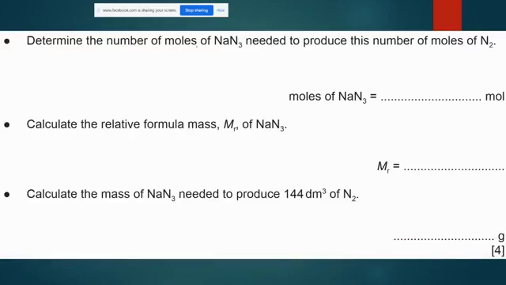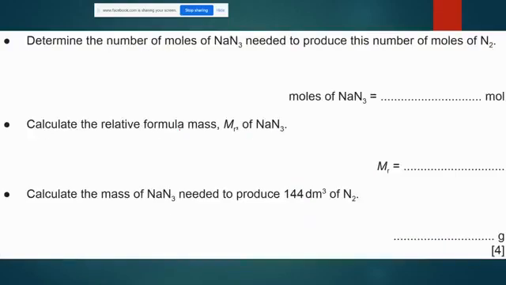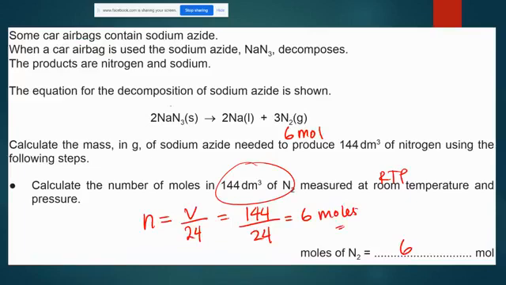And determine the number of moles of NaN3 needed to produce this number of moles of N2. The moles of N2 is 6 mole. And now you have to find the number of moles of NaN3 needed. So we have to use the reaction coefficient.